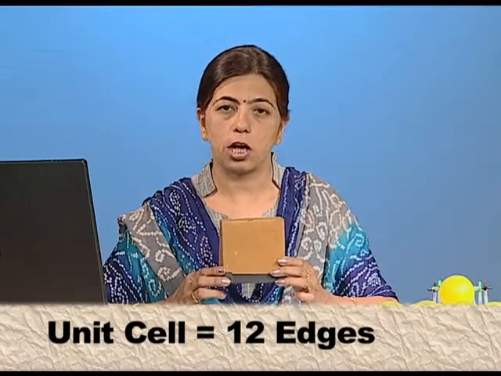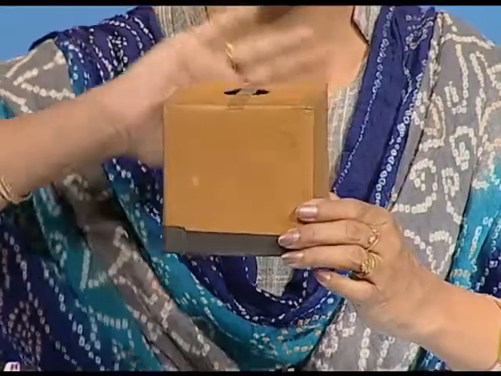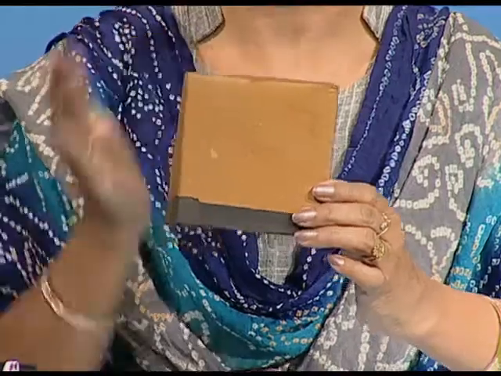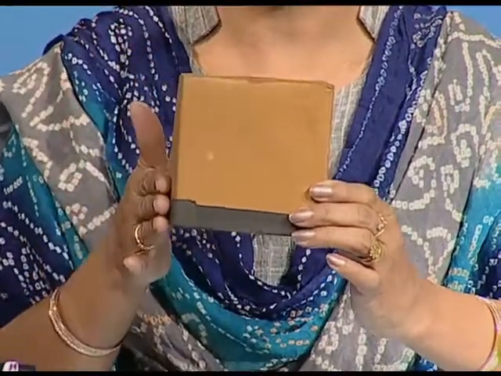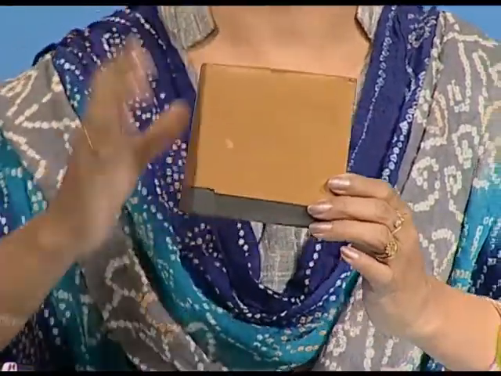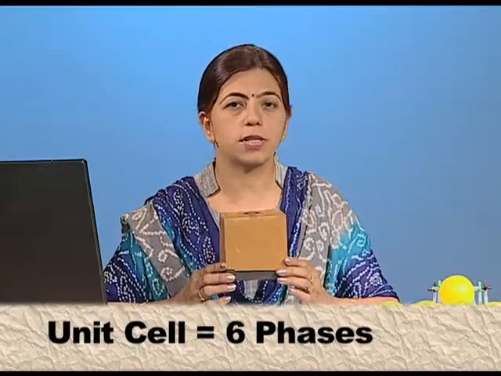There are 12 edges. Now see how many faces there are. 1, 2, 3, 4, 5 and 6. There are 6 faces in a unit cell.